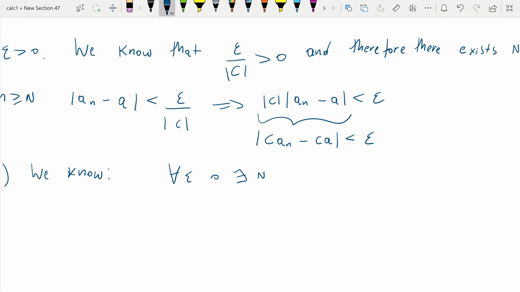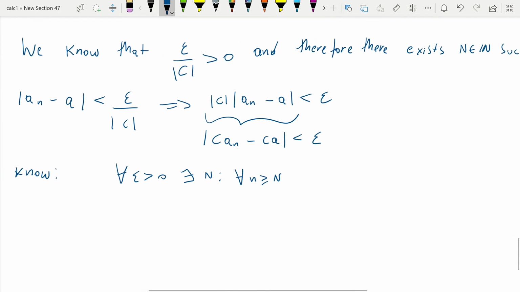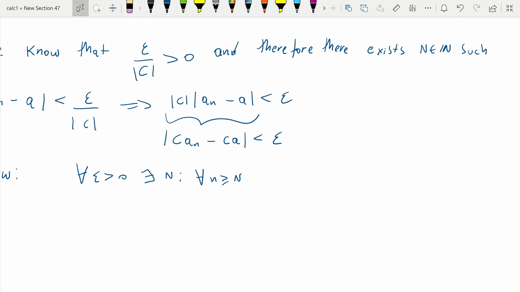Typically, when epsilon gets smaller, N gets larger. Such that for all n greater than or equal to N, we have that the absolute value of a_n minus a is less than epsilon.